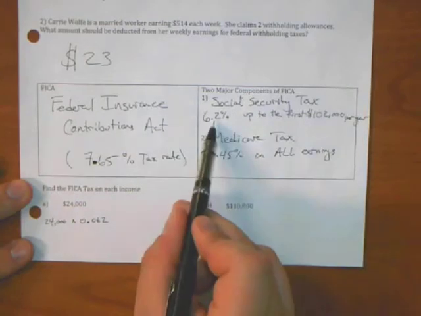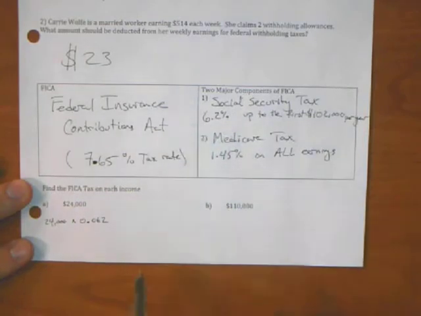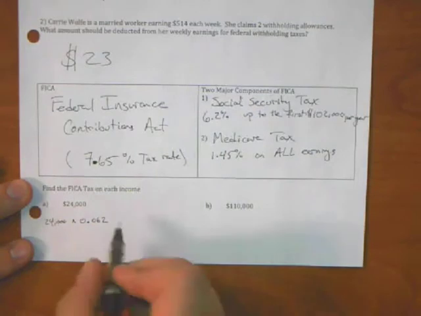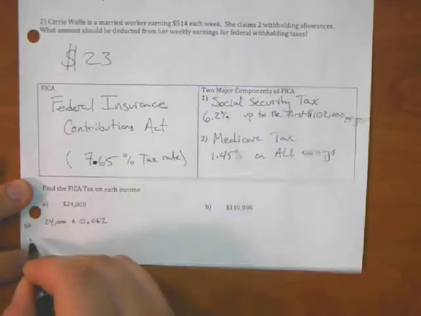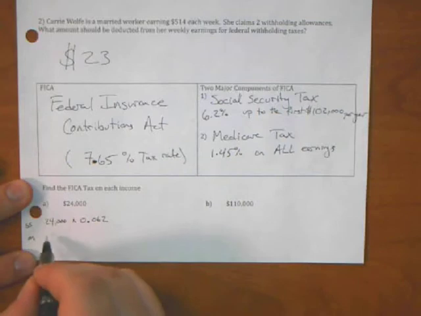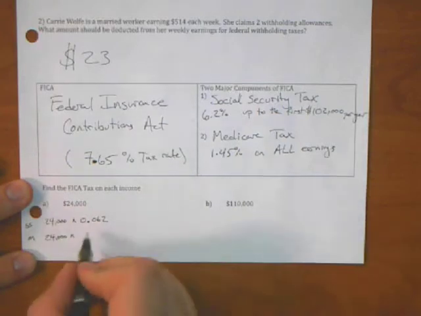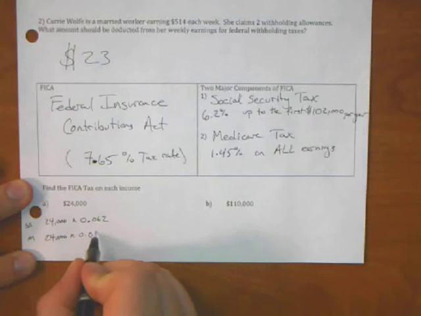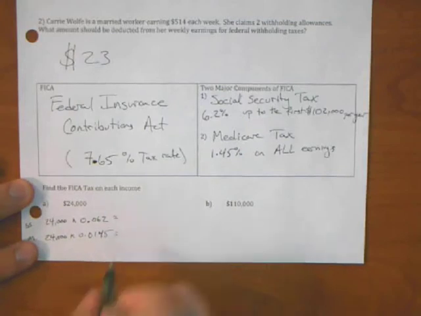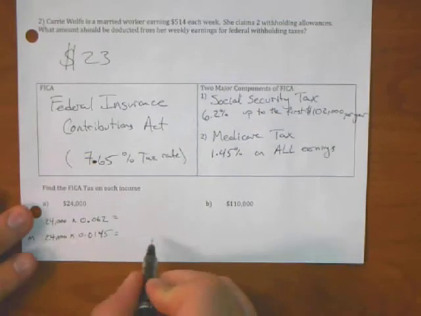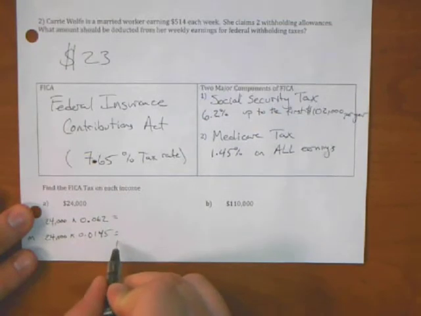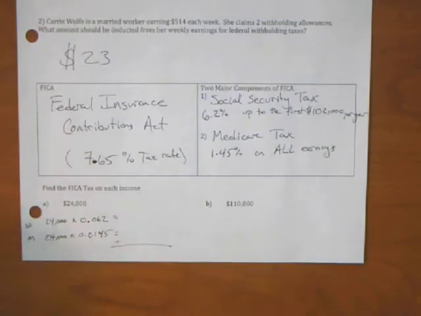Percentage to decimal, move two spots to the left. That's the Social Security. The Medicare is the same gross pay times the Medicare rate. And when we add those things together, we'll get the total.